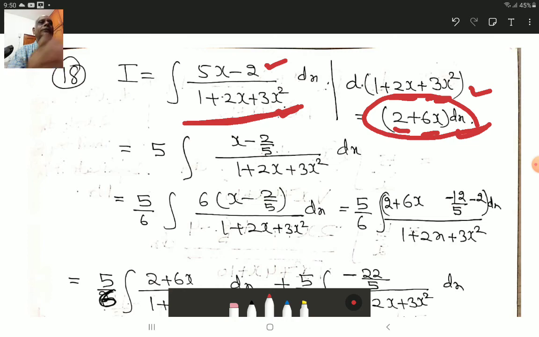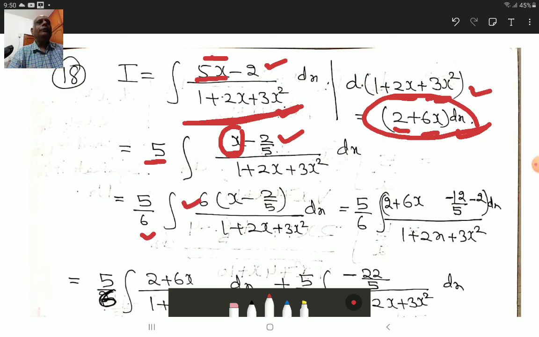So in order to make this 5x into 6x, learn the technique that I am using. First of all, make the coefficient of x 1 by taking 5 common. So if I take 5 common, 5x will become x and this 2 will become 2 by 5. Now I want it to be 6x. So multiply and divide by 6. Clear?